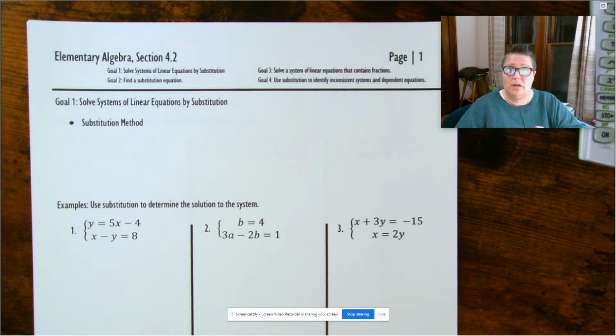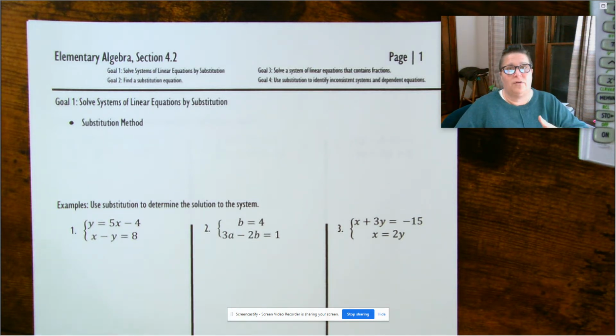Now, we did run up against a couple of situations where there either wasn't a solution or where the lines literally landed on top of each other from beginning to end, and there were infinitely many different solutions to that system. Now, today what we want to do is look at those same outcomes using a slightly different method. We're going to look at the substitution method.